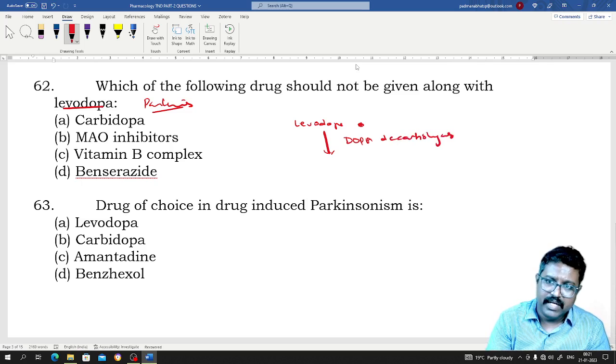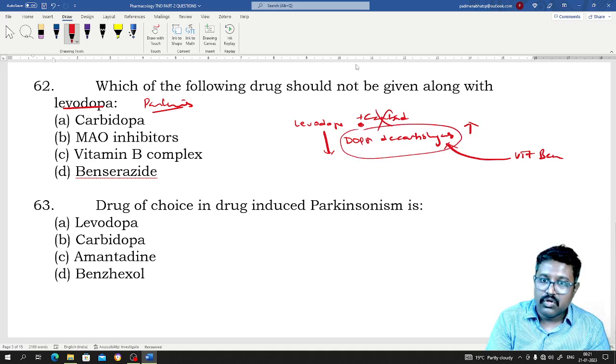If you are supplementing with vitamin B complex, this is going to increase the activity of dopa decarboxylase. Even if you are giving carbidopa, there won't be any effectiveness. So this is going to increase the synthesis of dopa decarboxylase. That's why you need to avoid it.